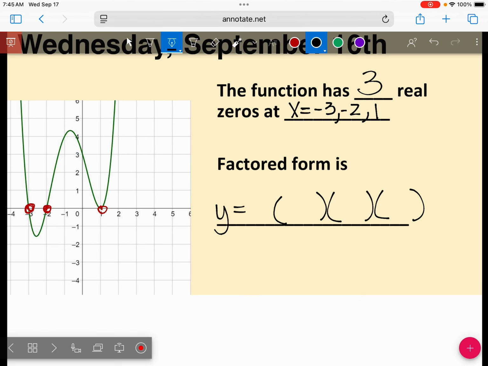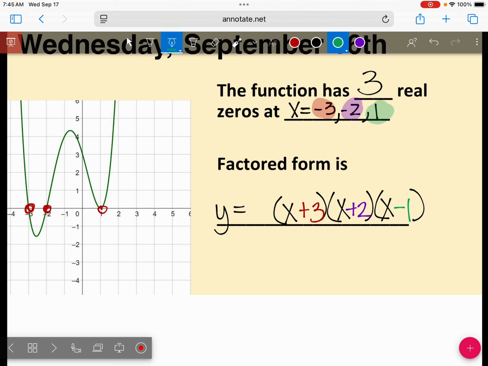Put an x in front of each one. Then we flip the sign. You see how that's a -3? That becomes a +3. This one here is a -2, so that becomes a +2. And my last one is a +1, so that becomes a -1.